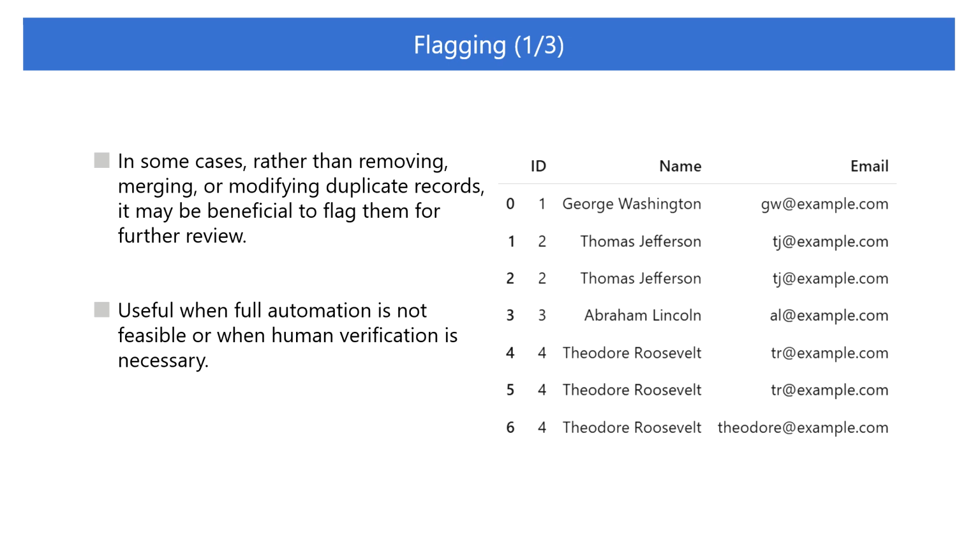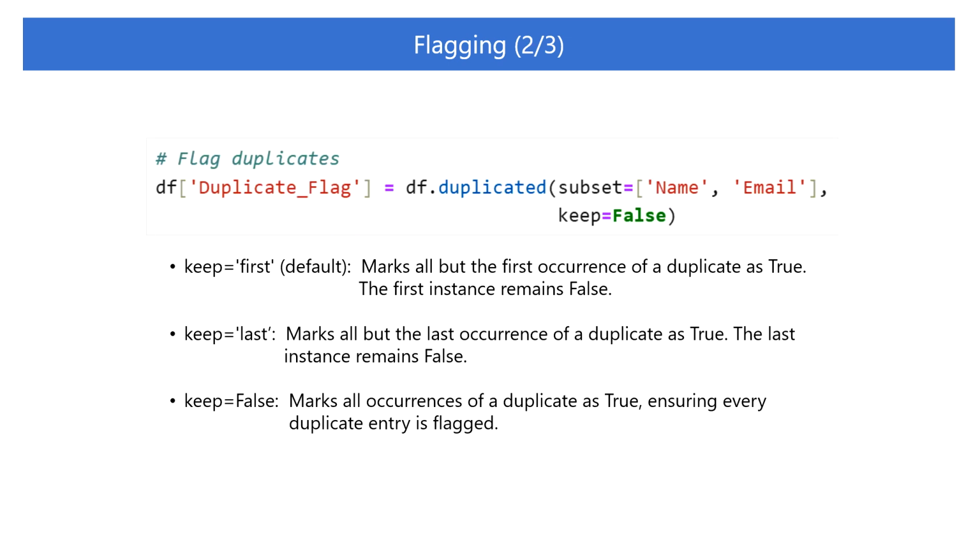Instead, potential duplicates can be identified and flagged for manual inspection. We can use the duplicated function for flagging. Here, the duplicated function flags all rows that have similar names and email, allowing analysts to review them before making a decision.